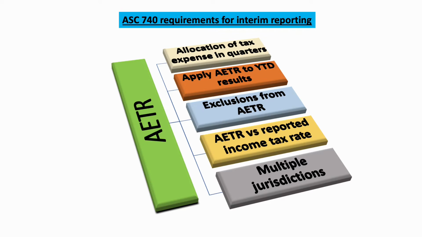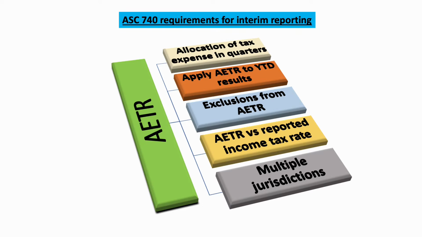Based on that information, we calculate an annual effective tax rate. The idea behind this exercise is to allocate your tax expense across the several quarters during the year. How that is done is we apply the calculated AETR to the year-to-date results.